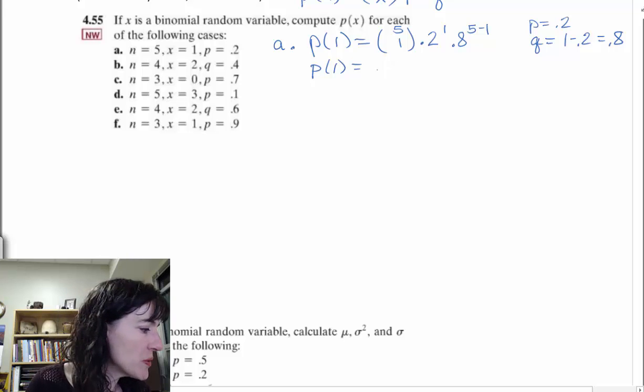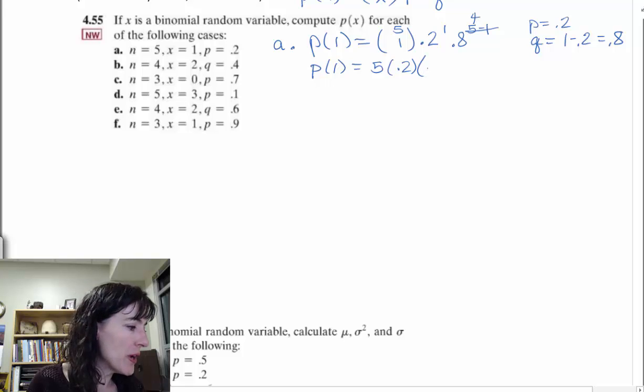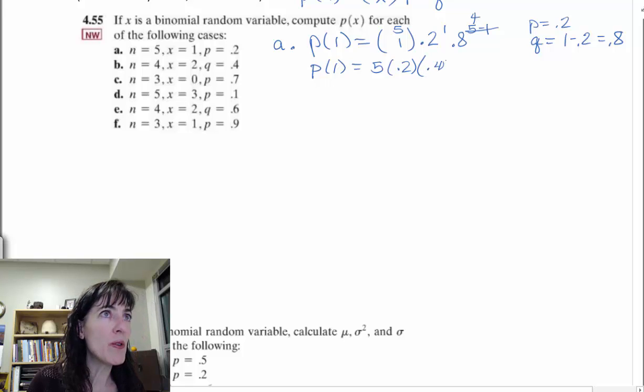So 5 choose 1 is going to give me 5. There's 5 possibilities there, times that 0.2 to the first power, which is just 0.2. And then it's going to be times 0.8 to the, I can write it right up above, that's going to give me a 4. 0.8 to the fourth power is going to be 0.4096.